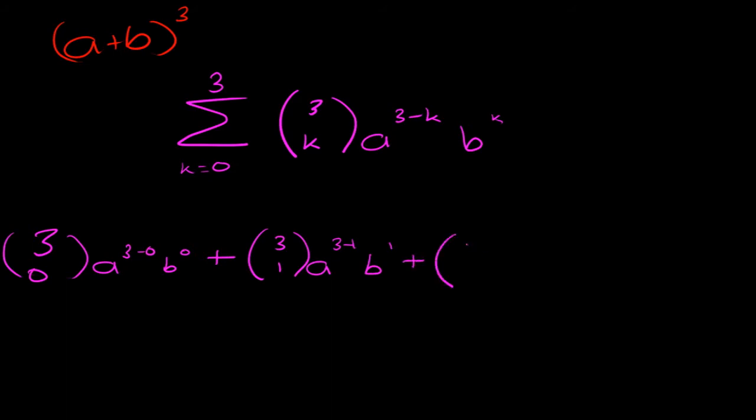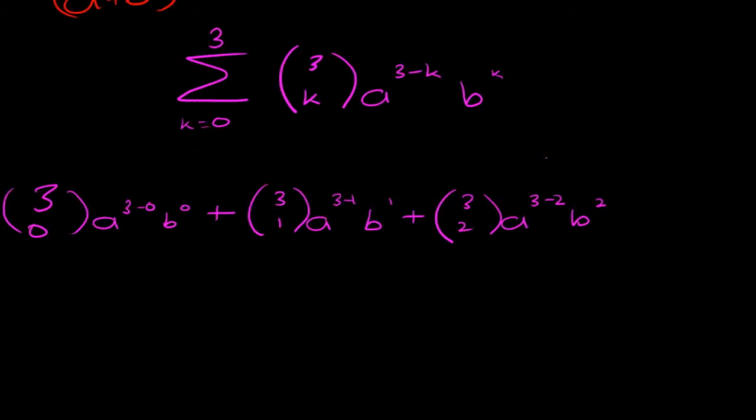Plus, when k is 2, you have 3 choose 2 times a to the power 3 minus 2 times b to the power 2. And when k is 3, 3 choose 3 times a to the power 3 minus 3 times b to the power 3.